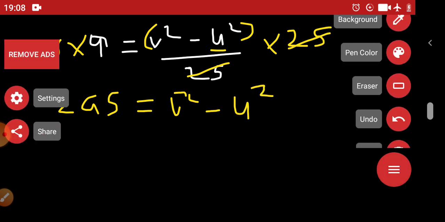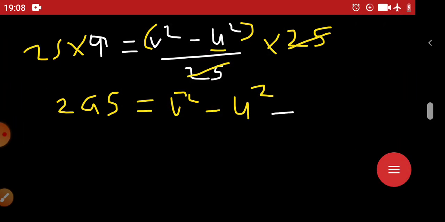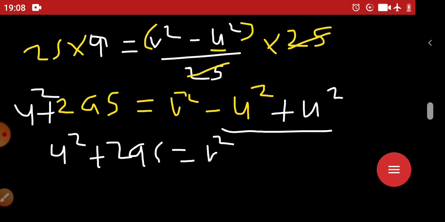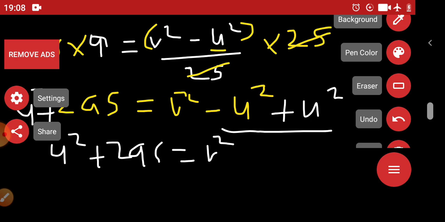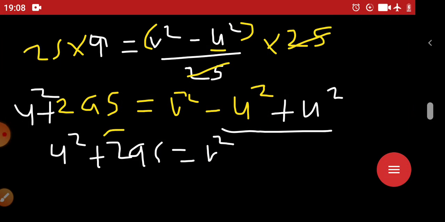So maybe it will be convenient to add u squared both sides, so that this will be 0, and then here you'll have u squared plus 2as equal to v squared. Now because we want u to be the subject, it would be convenient to take this guy to that side.